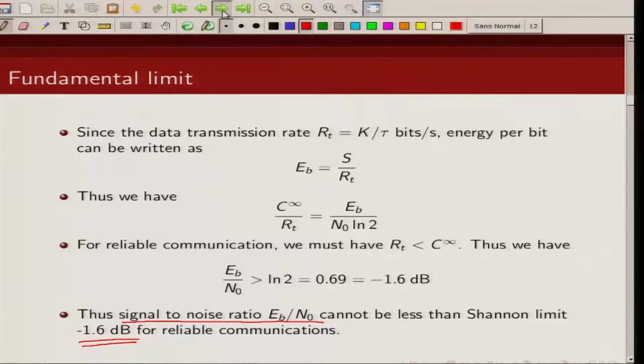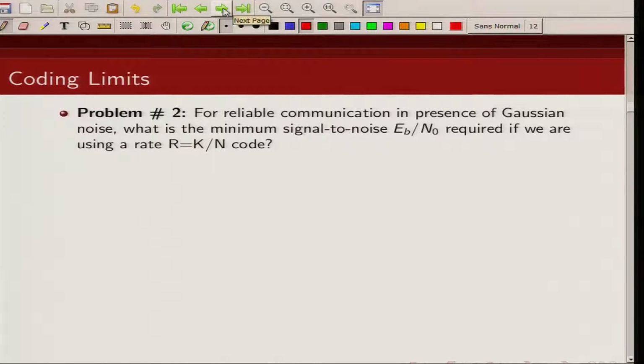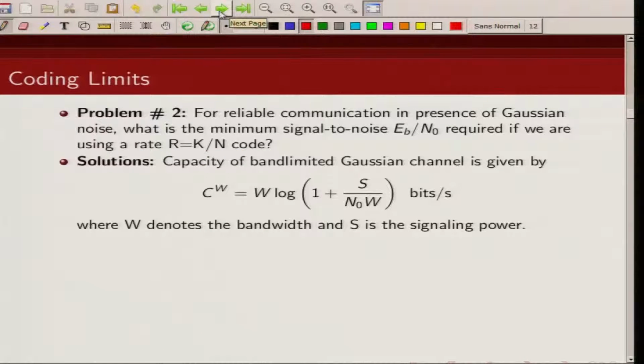Okay, let us look at the next problem. We are interested in reliable communication over additive white Gaussian noise channel, and we are transmitting using a rate k by n code. What is the effect of the bandwidth W?